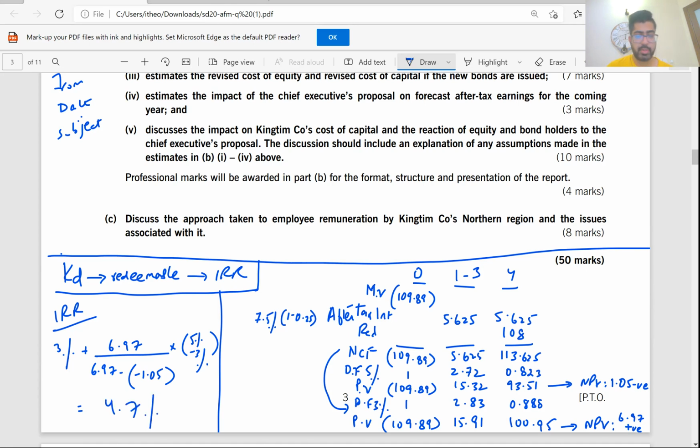That's the yield to maturity IRR. For getting the market value of the bond and this yield to maturity KD, you get 7 marks. Okay, please copy this.